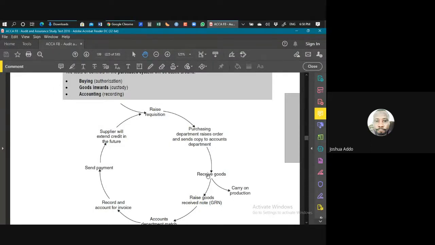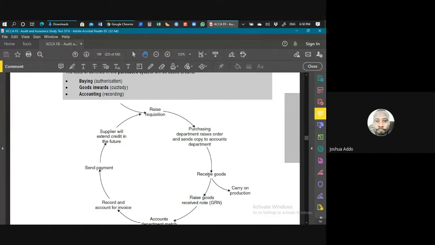Then the receiving department, whether they are inside the warehouse or it's a different section of the organization, if the receiving department is a different section from the stores, the warehouse, then they will just get the goods to the warehouse, production carries on.